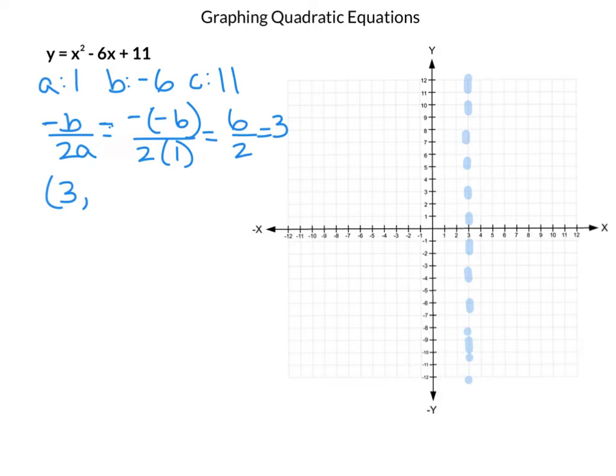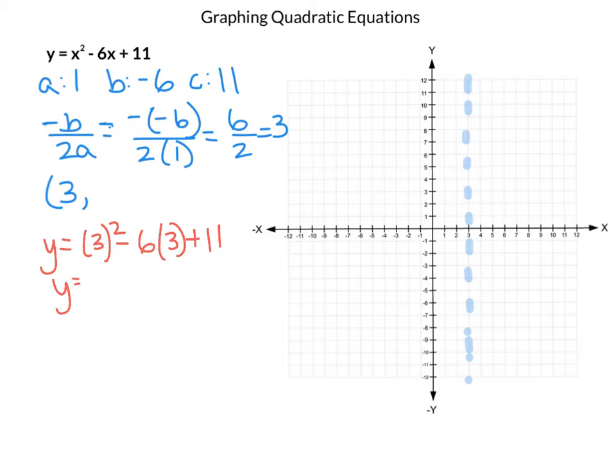So if I go back here, I'm going to take this 3 and plug it into the equation in order to find the y value. So I'm going to say y equals 3 squared, instead of x squared it's 3 squared, minus 6 times 3 plus 11.